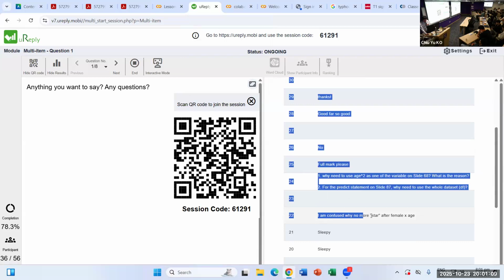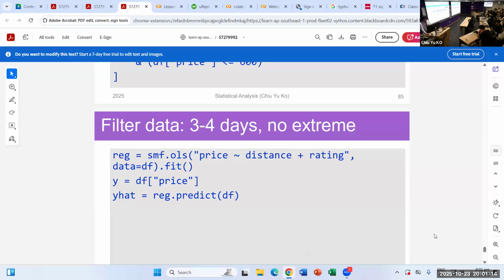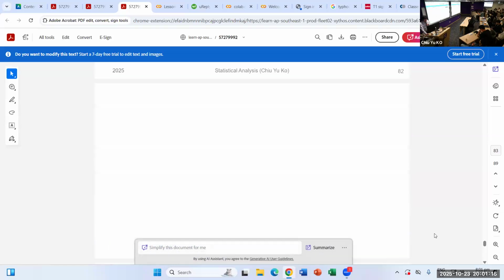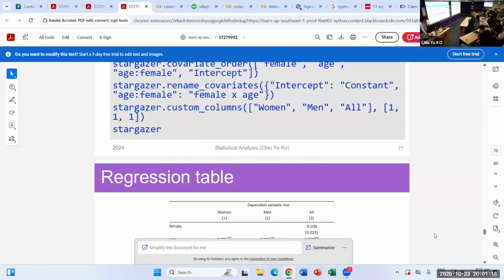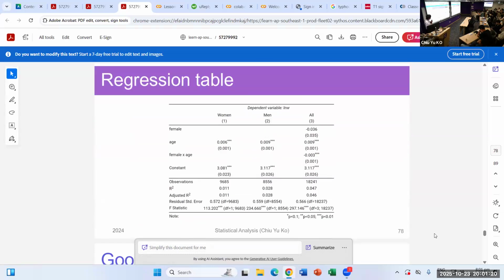I'm confused why there is no more star after female times age. No more star? No, we have female times age, we have three stars here. Are you asking whether there is no more star?